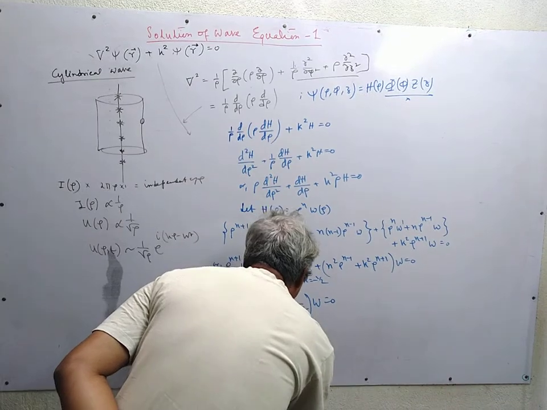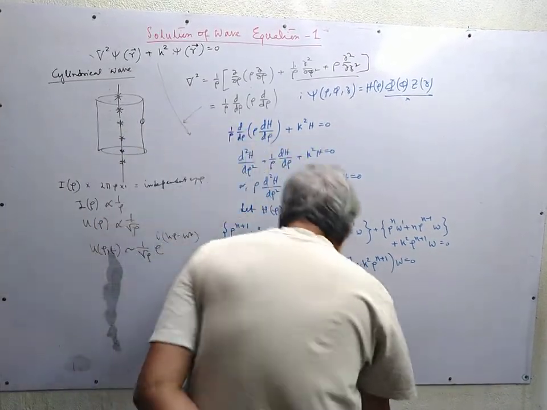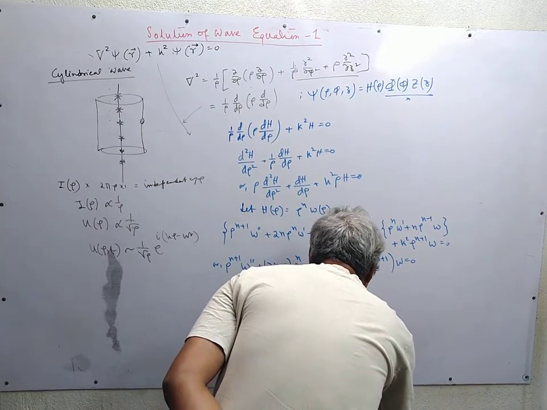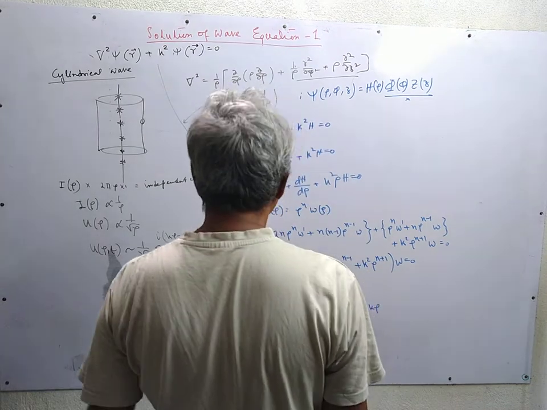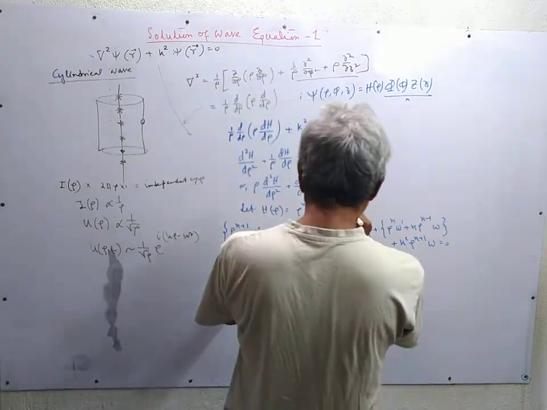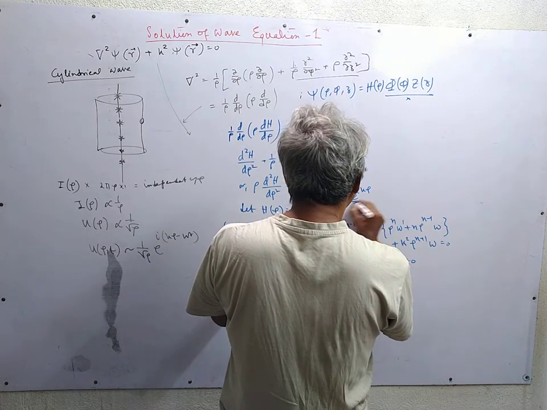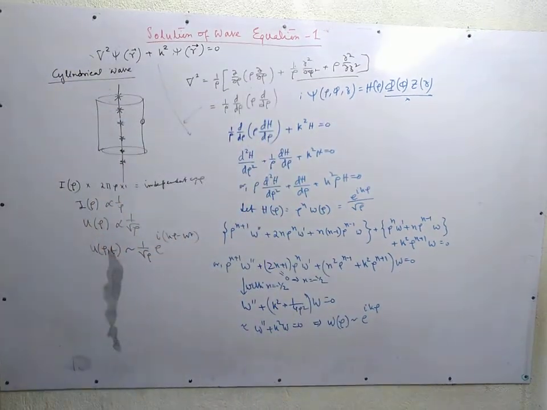We assume that rho is very high, in which case w of rho is of the form e to the power i k rho, so that this gives you e to the power i k rho by root rho, as n is minus half. So this is the form of the cylindrical wave.